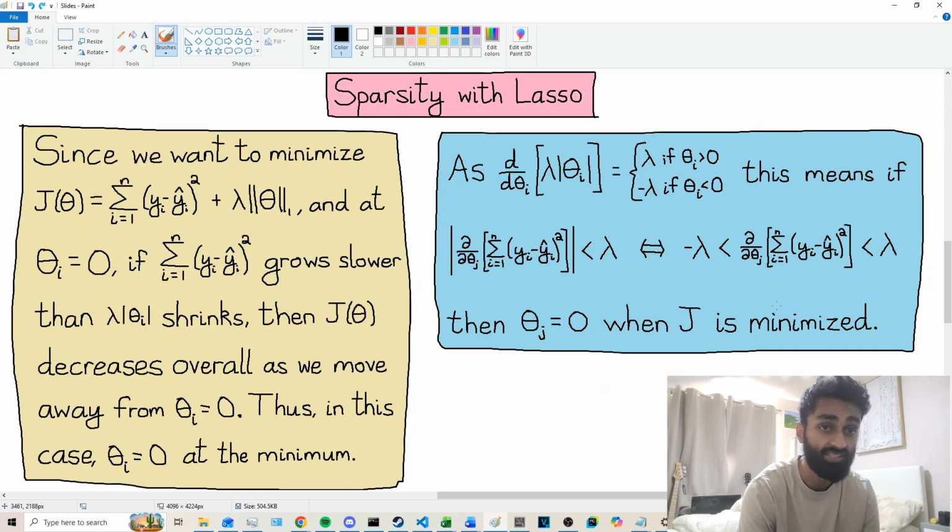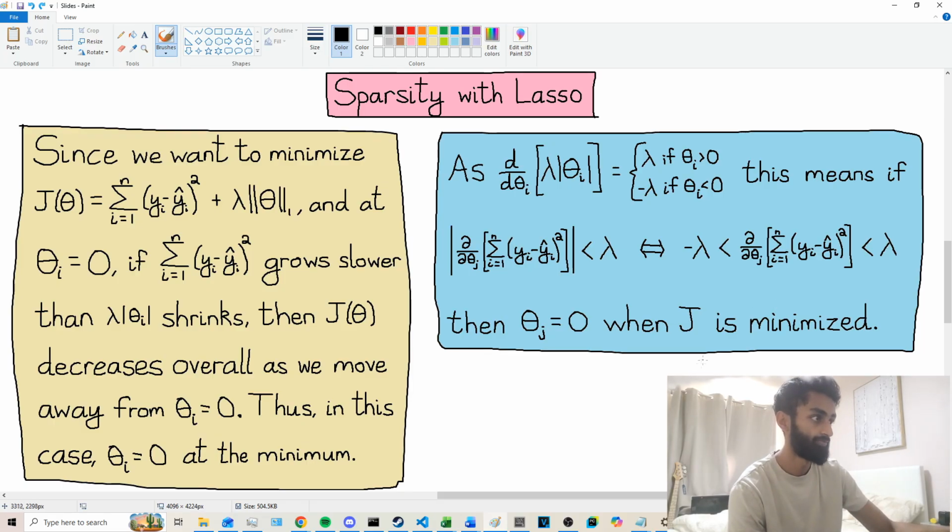And this is because you're still decreasing regardless of whether you walk left or right, even when you rotate the tangent line. And this big bucket of gradients means it's really susceptible to getting theta_j equals 0 as being the minimum.